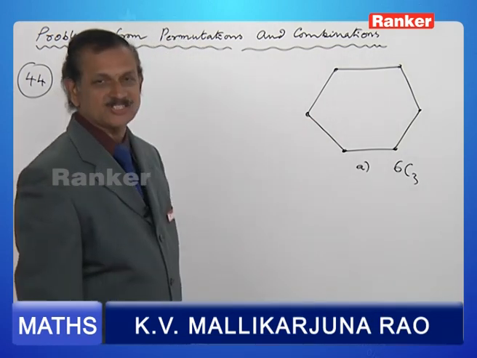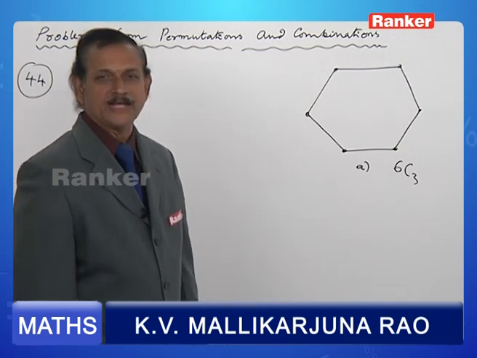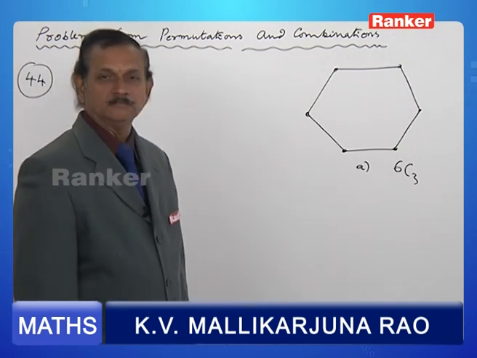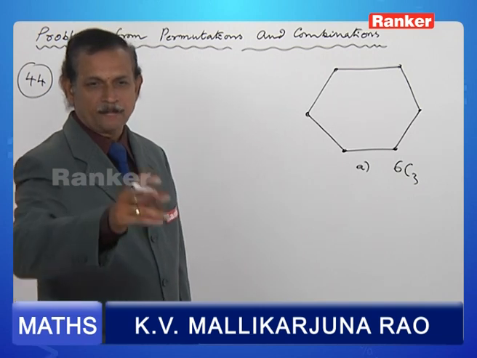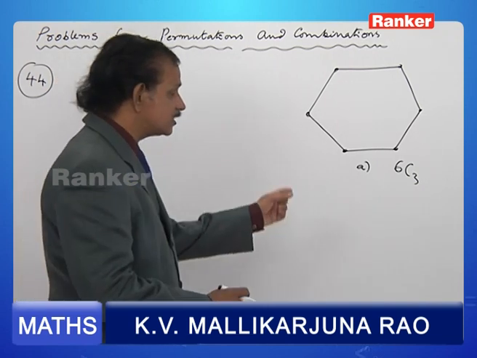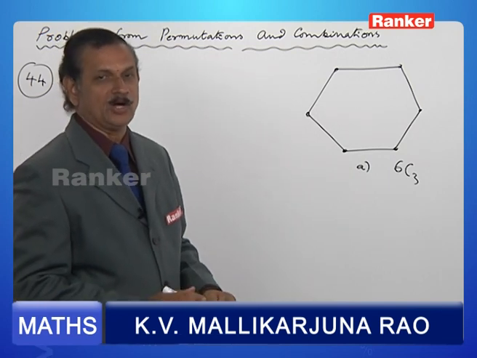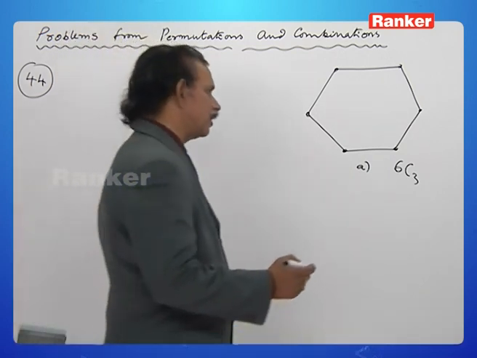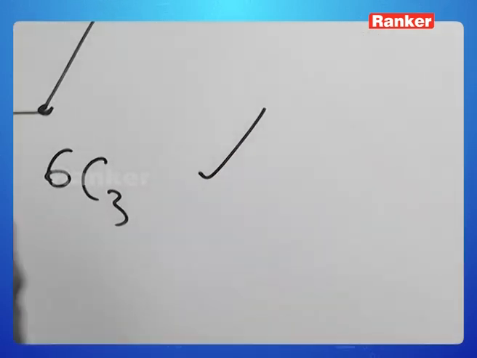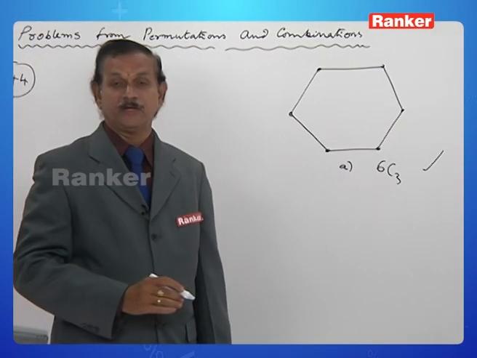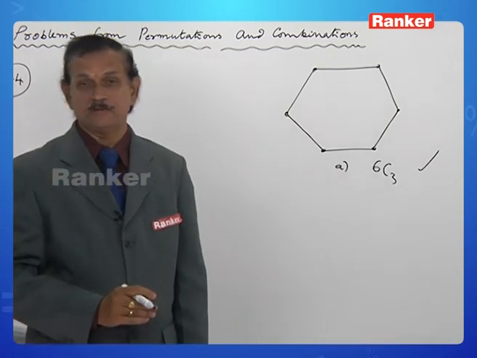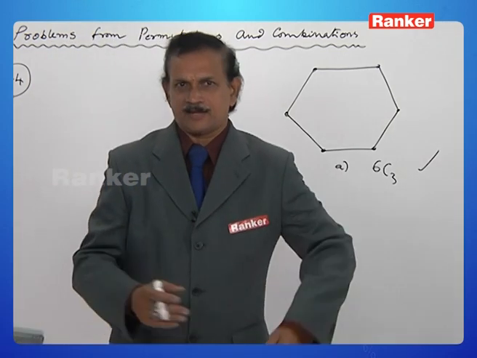There are 6 such. You choose 3 among them. It can be done in 6C3 ways. Therefore, the total number of triangles of 6 sides is 6C3. The total number of triangles in a polygon of n sides is nC3. So, option A is correct. No problem. We are not supposed to choose the correct option. We are supposed to choose the incorrect option.